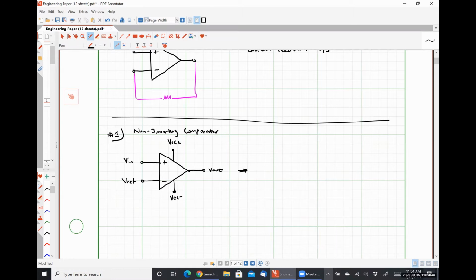I can represent this circuit using the practical op-amp model as follows.